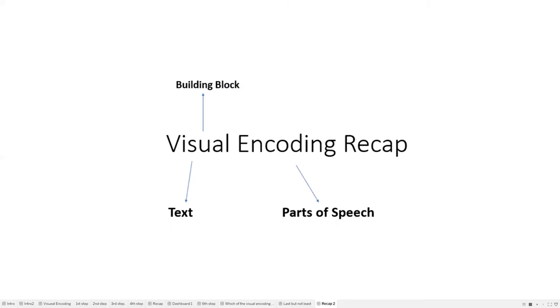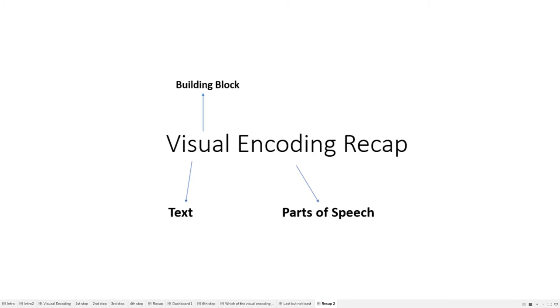We saw now how we can leverage visual encoding to effectively represent and present data. Think of visual encodings as the building blocks of graphics. These are components that we can combine in creative ways to construct a visualization, and an analogy can be drawn to how we communicate information through text.